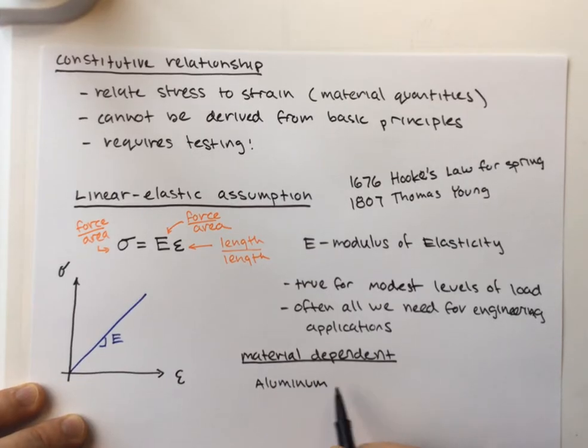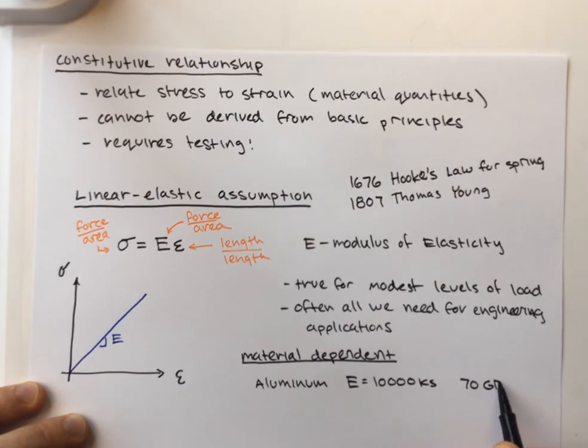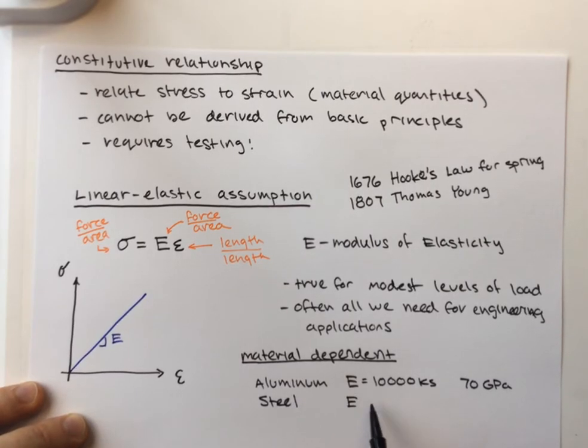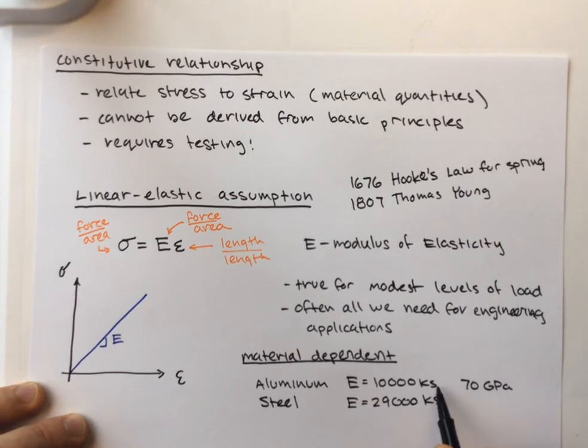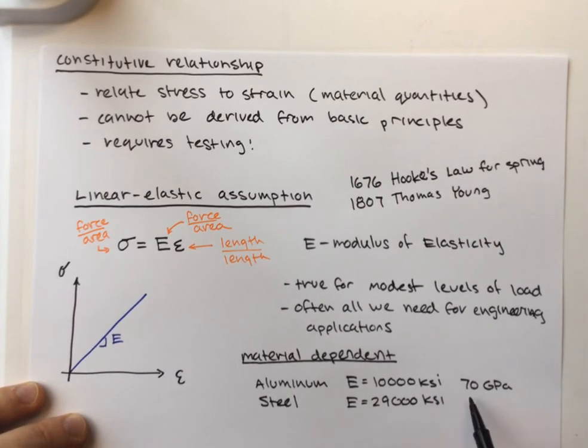So aluminum, E is about 10,000 KSI, or 70 gigapascals. Steel is going to be around 29,000 KSI, or about 200 gigapascals.